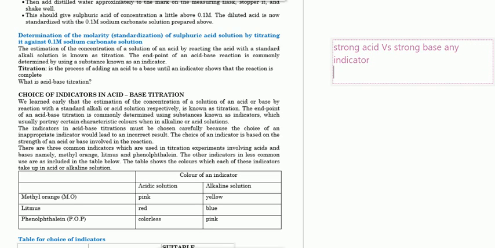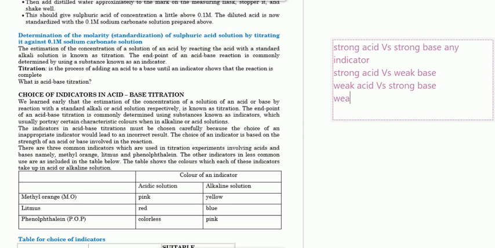But when you come to the case where we have maybe strong acid versus weak base, the case changes. Also, when we have weak acid versus strong base, then also the indicator changes.